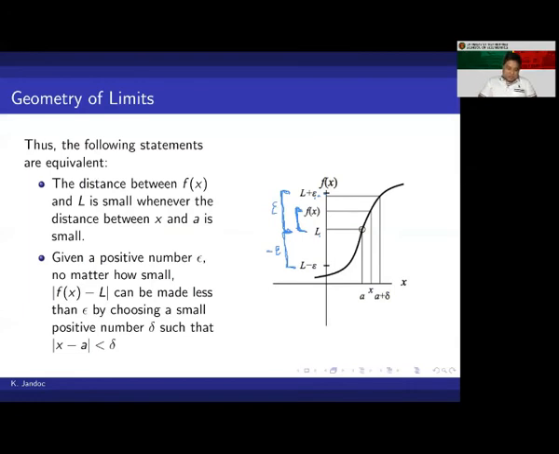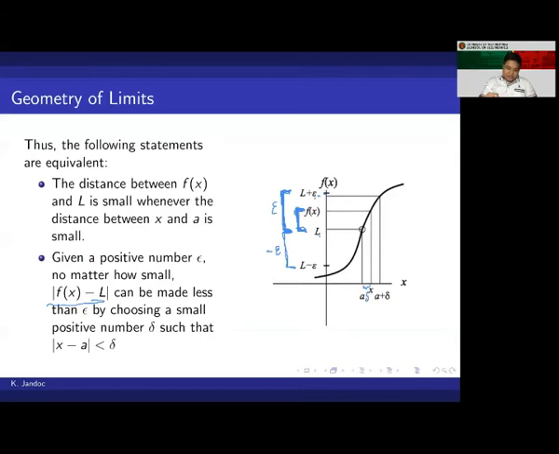So you can make the distance between f of x and L smaller than epsilon. In this case, this distance is smaller than this distance. You can make it smaller than epsilon by choosing a small number delta, such that the distance between x and a is smaller than delta. So in this case, this distance between x and a, for example, is delta.